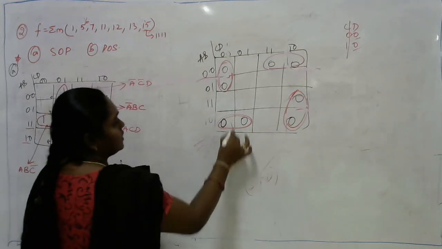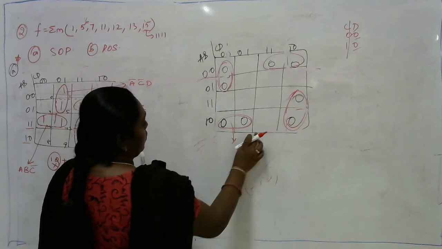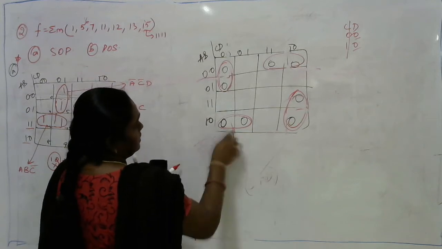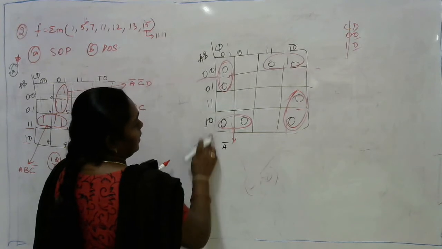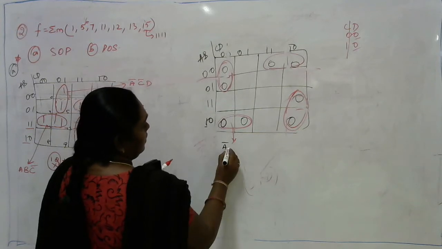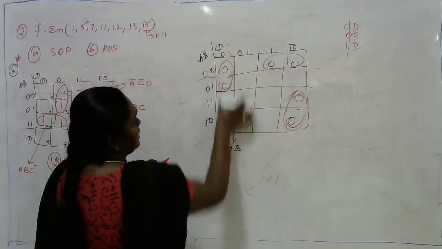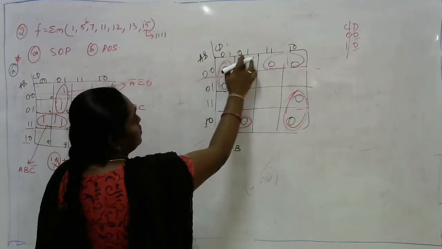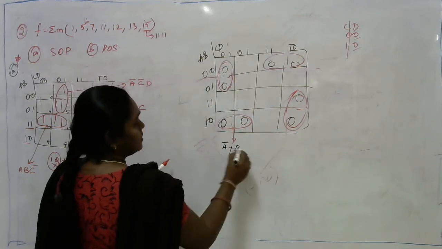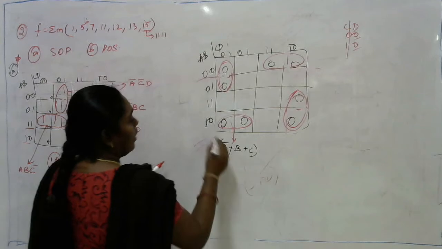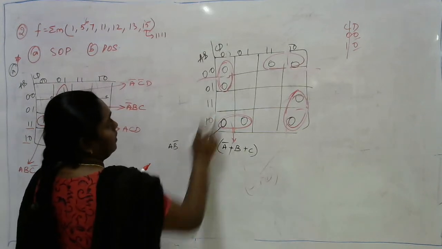So here the expression for this adjacency, it is a single row. As it is a POS, 1 is representing A bar, and here I am directly writing A bar plus B, and as it is in two different columns, that is 0 0 and 0 1, D will be cancelled out, left over with only C. As it is a 0, I need to write it as plus C, or if I am writing an SOP expression, I will be writing it as A B bar C bar.